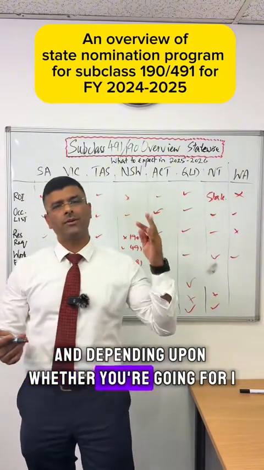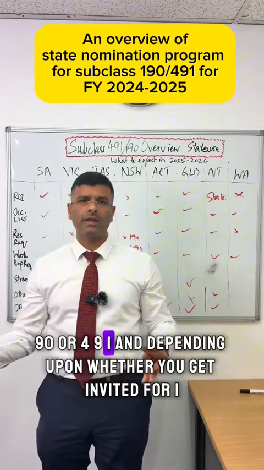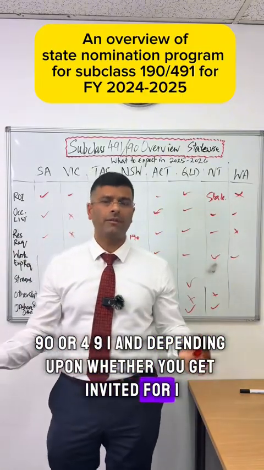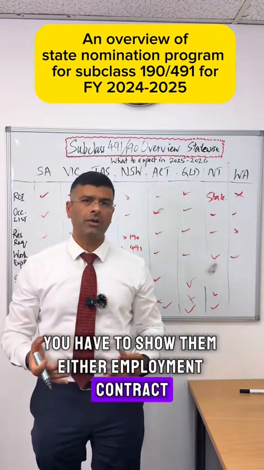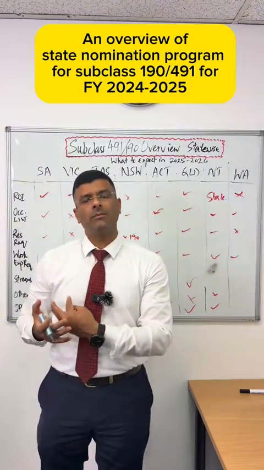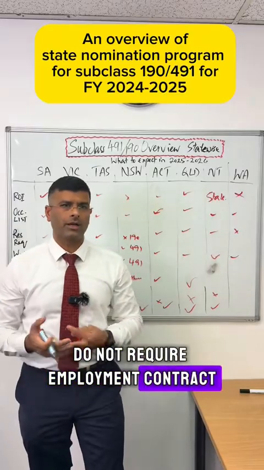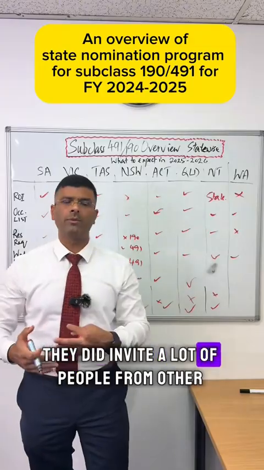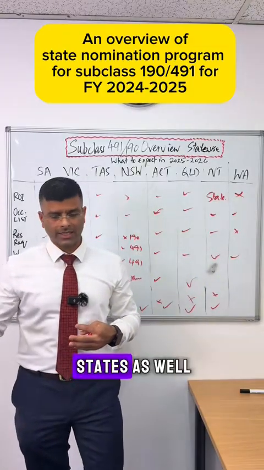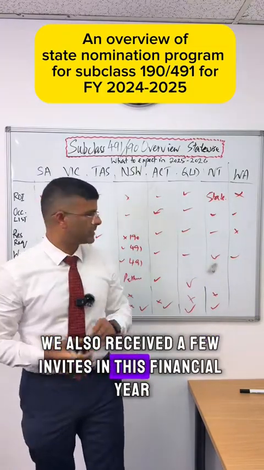Depending upon whether you're going for 190 or 491, and whether you get invited for 190 or 491, you have to show them an employment contract, though certain occupations do not require one. Construction is again big in Western Australia. They did invite a lot of people from other states as well. We also received a few invites in this financial year.